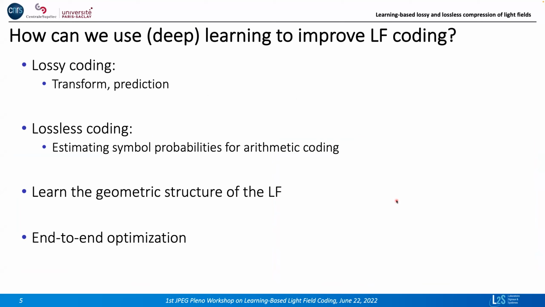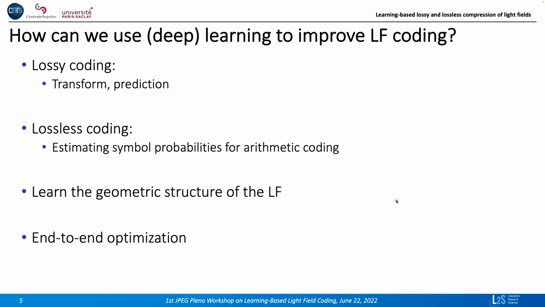Depending on the task you want to do, this can mean different things. For example, if you consider lossy coding, the tools that you need to improve are transform and prediction. If you consider lossless coding, you already have tools like arithmetic coding, which are optimal, but to be optimal they require knowing very precisely the probability distribution of your symbols.